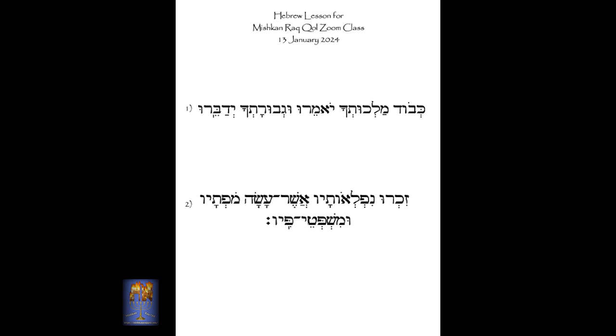Okay. So we have ma, ma. All right. And then we have a lamed here. And this lamed is pointed with a silent shva because it's following a short duration vowel point.